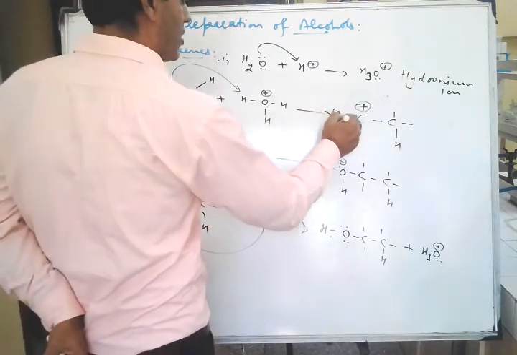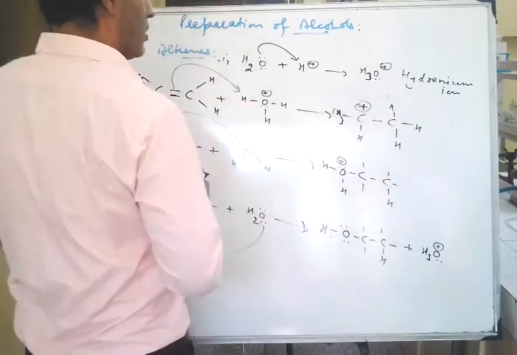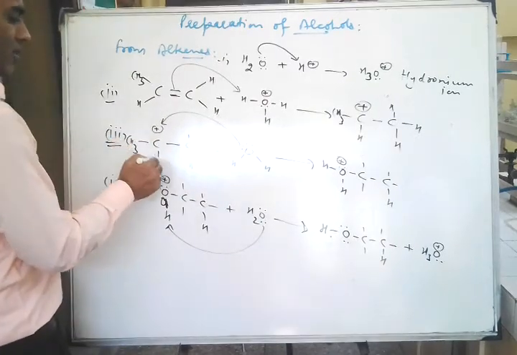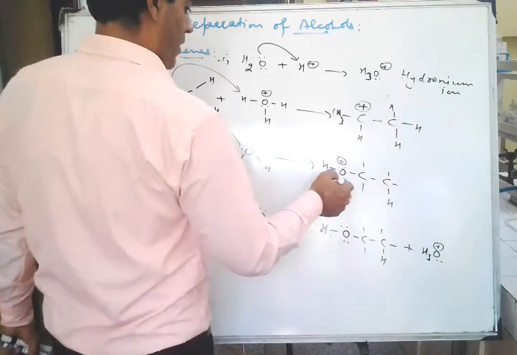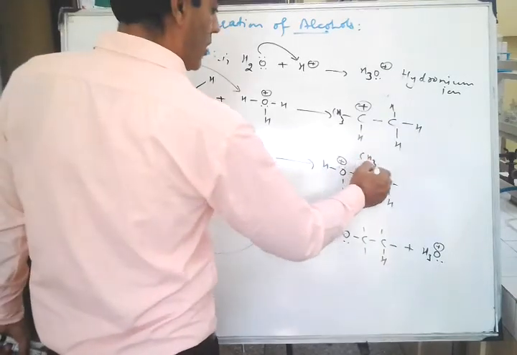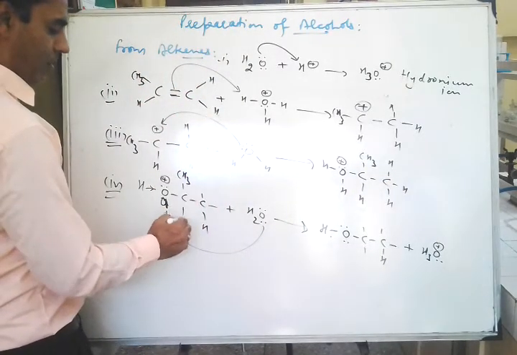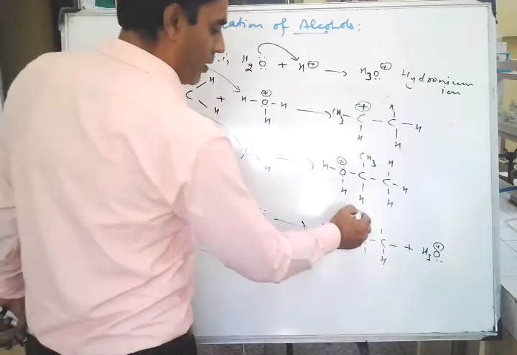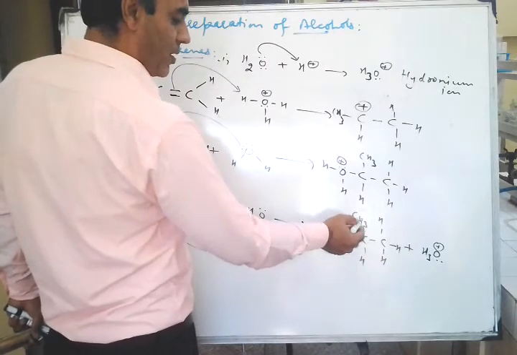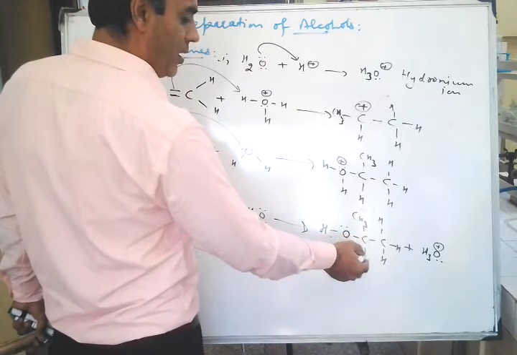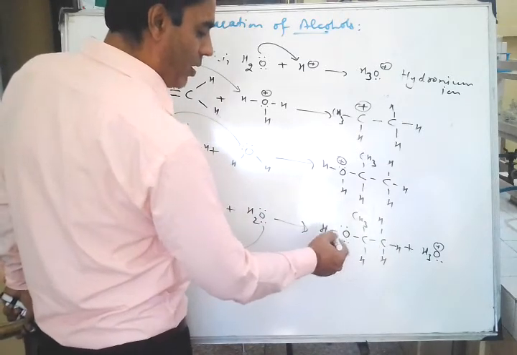So you can write here CH3 and then H, right? And then change it here CH3, H, and then here also CH3, H, H, H. Now you can see that CH3, then this is CH, and then this is CH3, and on this CH there is OH.